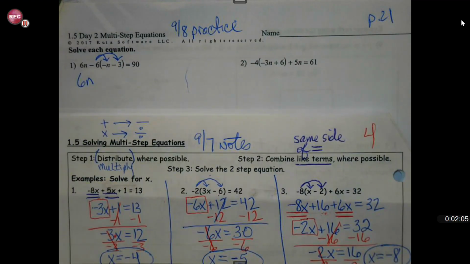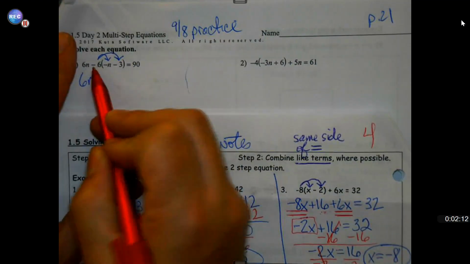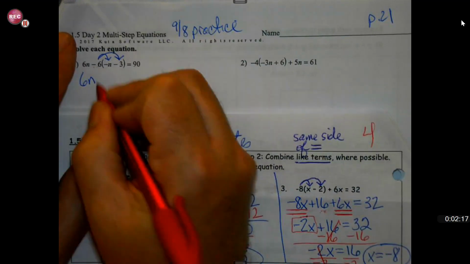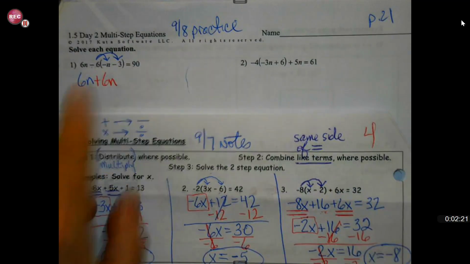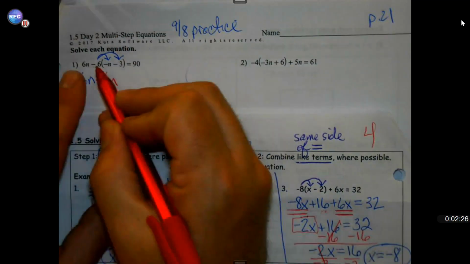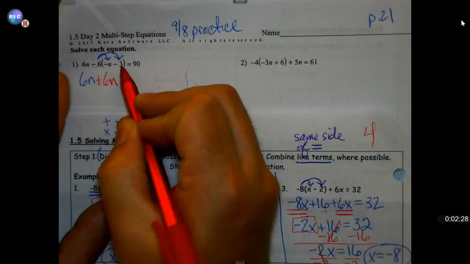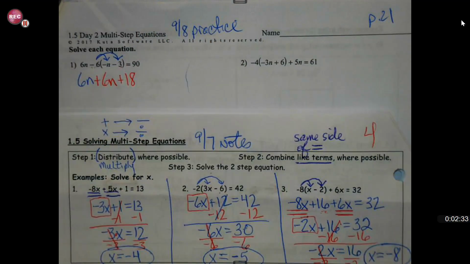The rest, I want to make sure I take my time. -6, because you do take the sign with. -6 times -n is +6. Negative times negative, always positive. And -6 times -3 is +18. Okay, always keep reminding yourself, multiply, multiply, multiply on those.